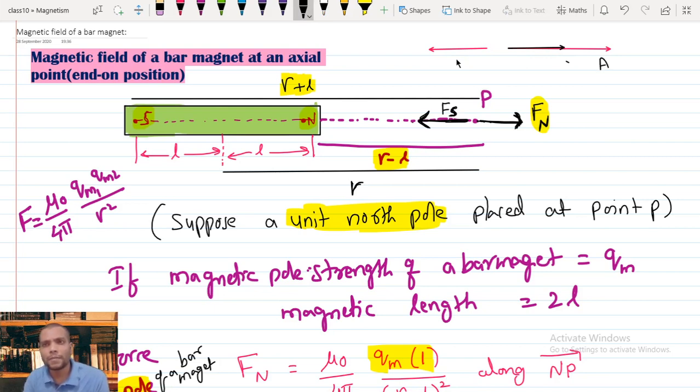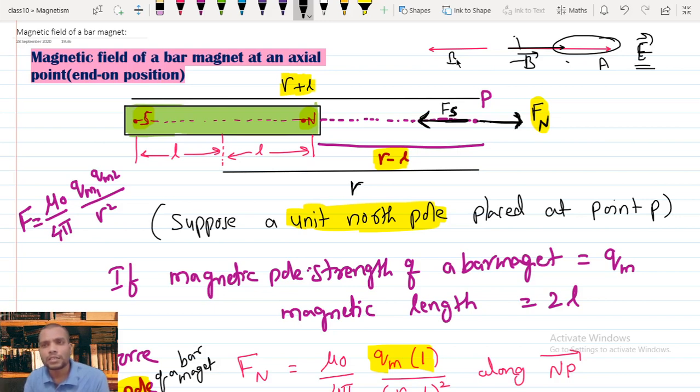Suppose this is A and this is B, so B became minus B here, the black vector. Now they both are showing the same direction, the east direction.